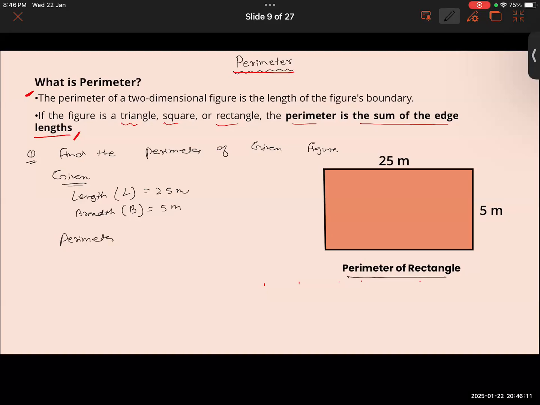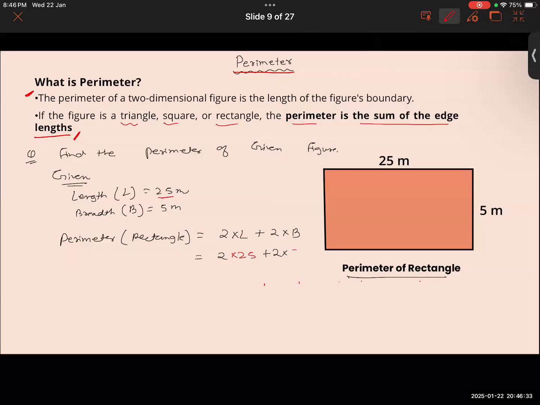this is the rectangle. So to find the perimeter of a rectangle, we have observed that it is simply going to be 2 times length plus 2 times breadth. That is, in this case, let's put the values. 2 times 25 plus 2 times 5.